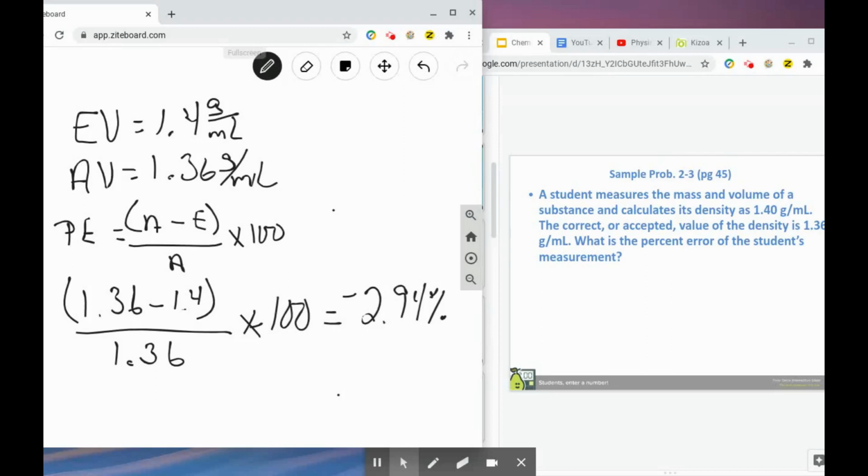So we're about 2 or 3% off, and whether that matters depends on what we're working with. If we're off by 2%, it's probably not that big of a deal. If we're looking at smaller numbers, though, here 1.36 versus 1.4, depending on what kind of experiment we're doing, that may or may not make a big difference.